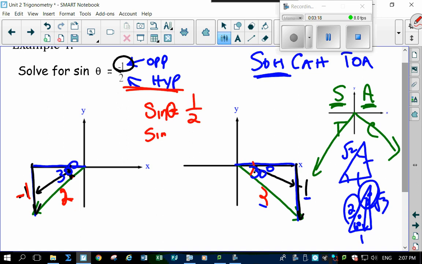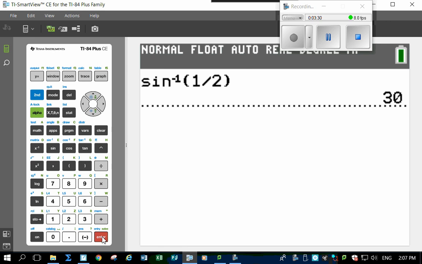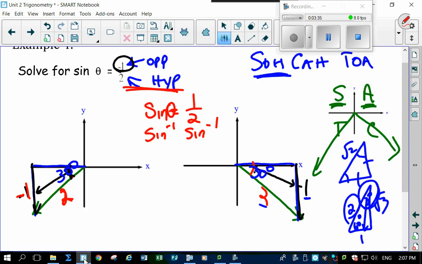Remember, you had to inverse sine both sides to find out what that angle is. So if you want, you can do that right now. Inverse sine, right? 1 over 2. And look, it'll actually give you 30 degrees. I didn't need a calculator to tell me that because I have this beautiful thing called a special triangle that helps us figure out all of it without a calculator.